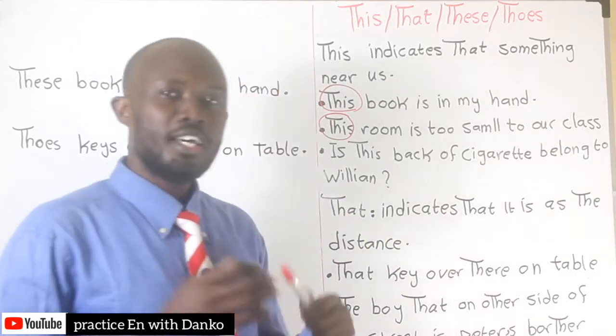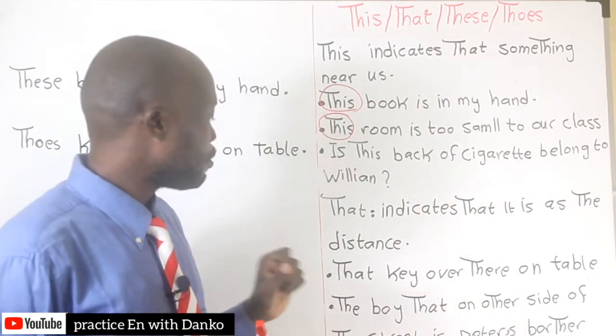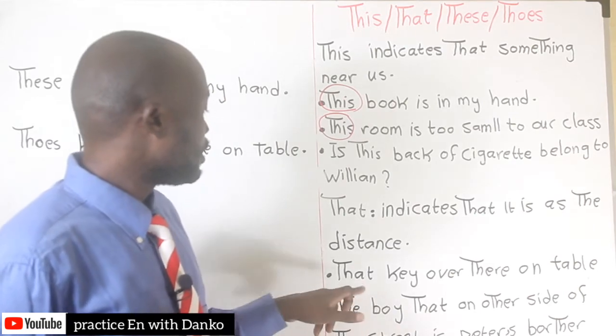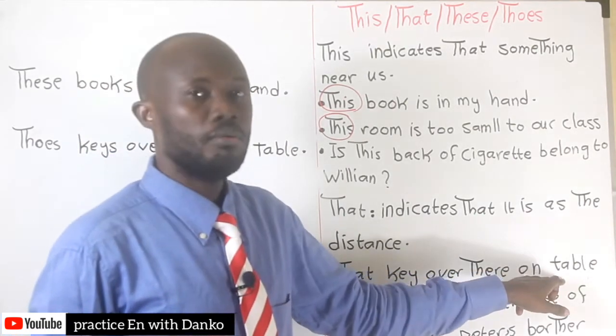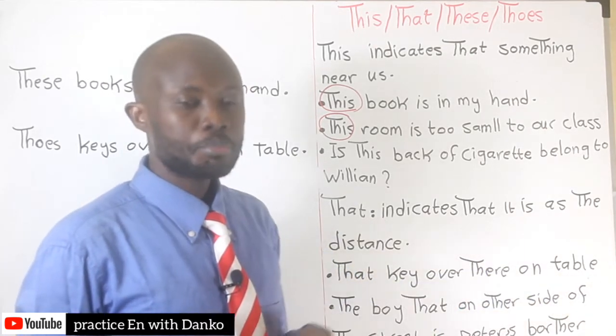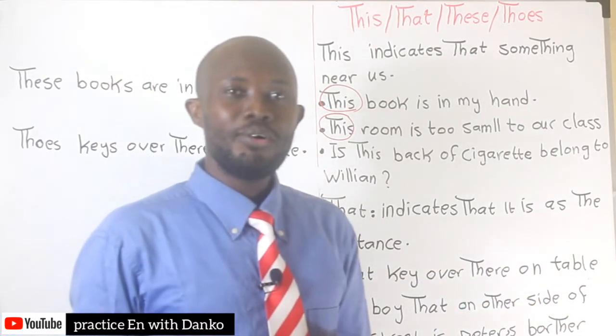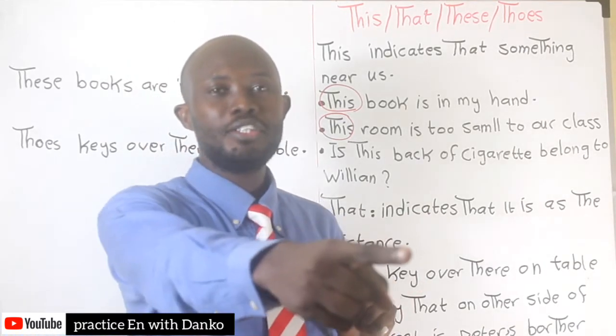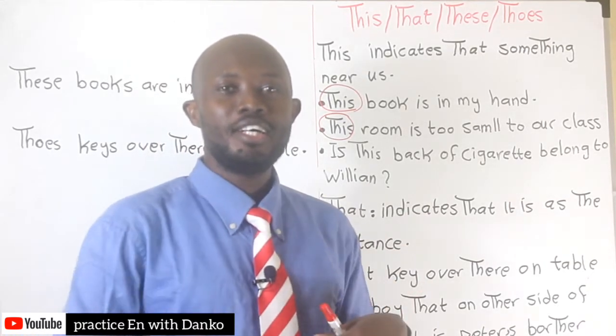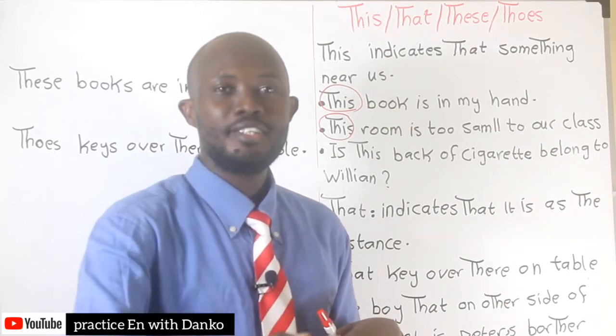Okay, great. Let's use some examples. I put a couple of examples here too. That key over there on the table. So, that key over there on the table. There's a distance.